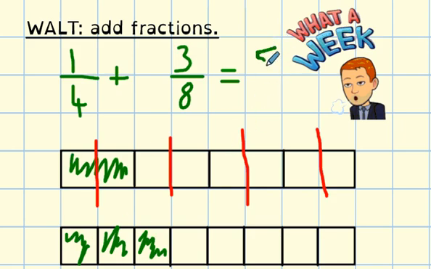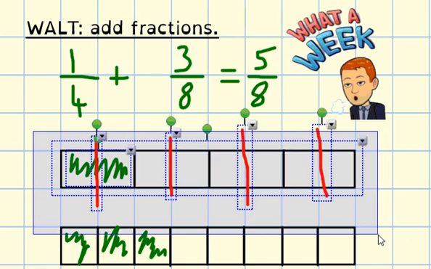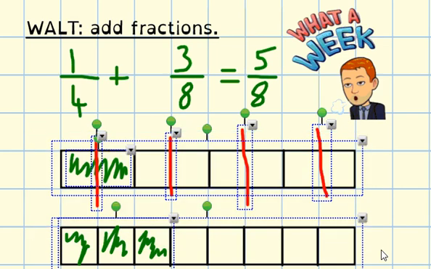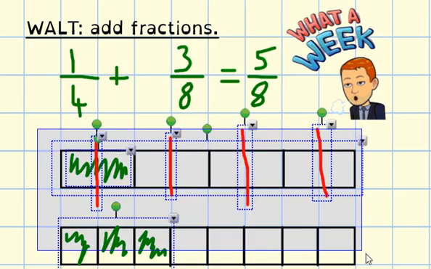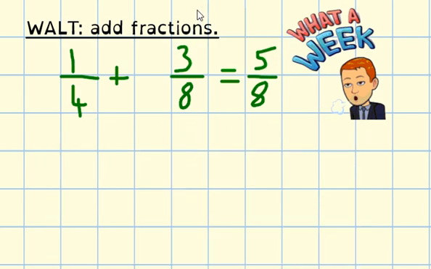So to add fractions of the same denominator, or if they haven't got the same denominator, you can use the bar model like so. The second method you could use is the common denominator method that we've been looking at this week. Let me move these out of the way so I can show you what that looks like. Let's just check whether our answer is correct when we do it the second method.